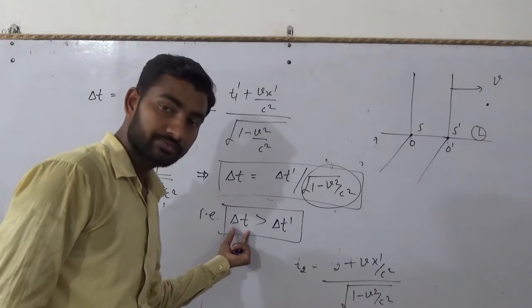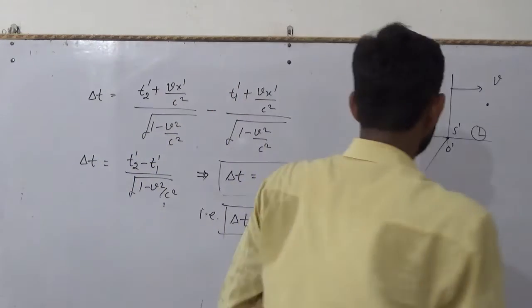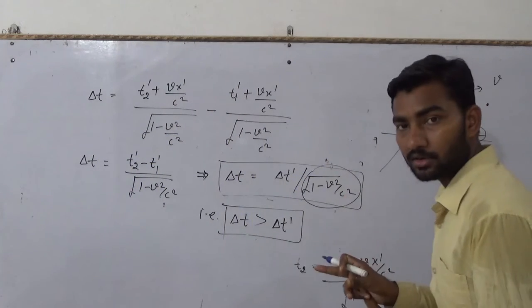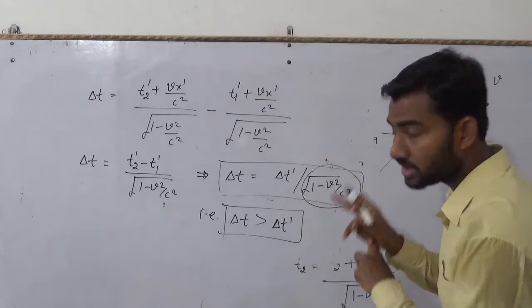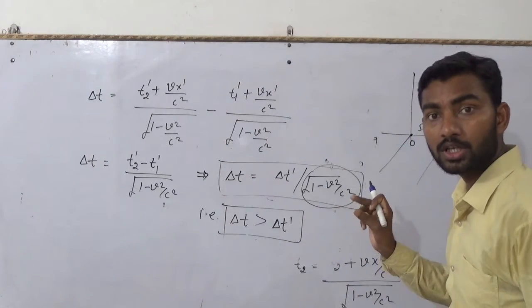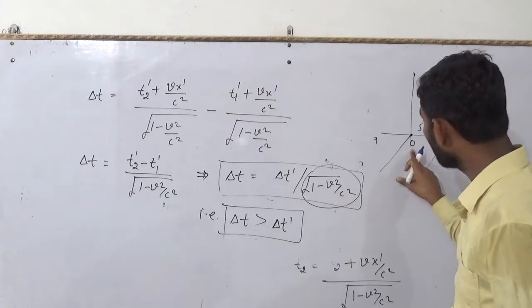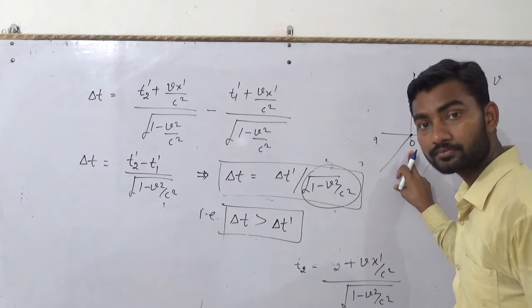What was del T? Friends, del T is the time interval of two events measured from this frame of reference.